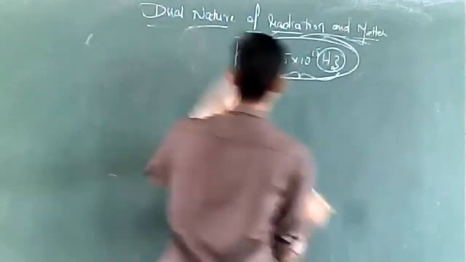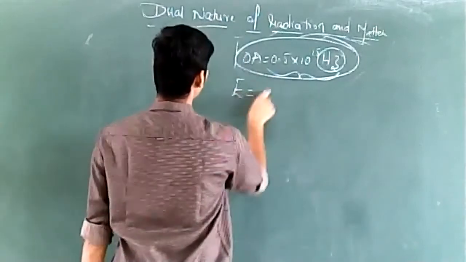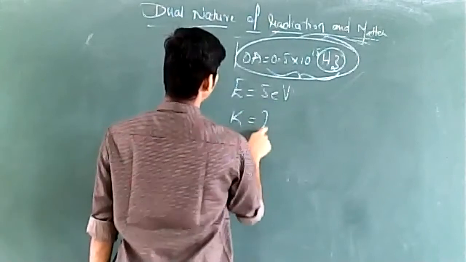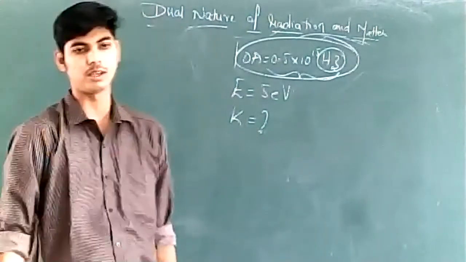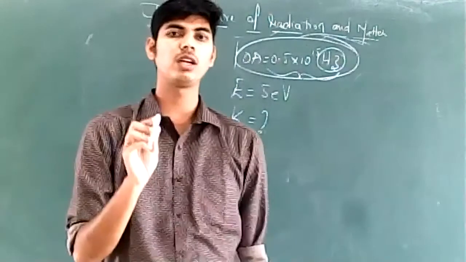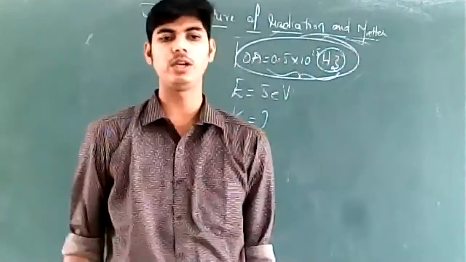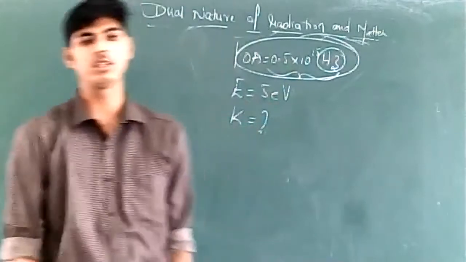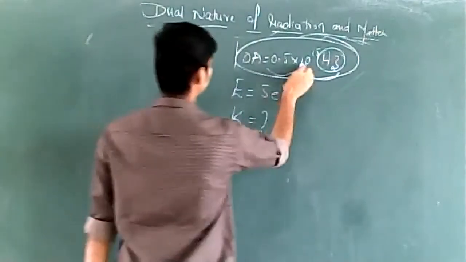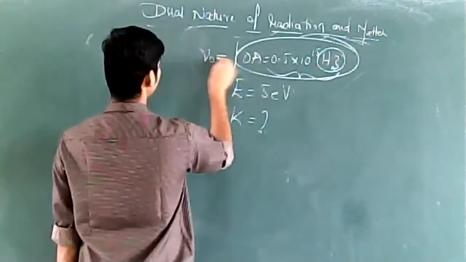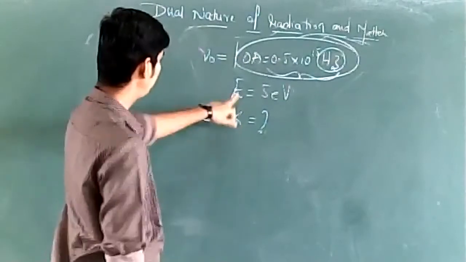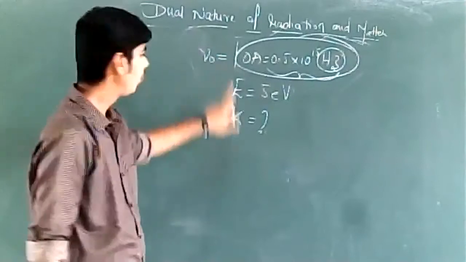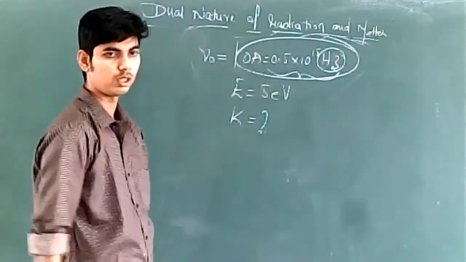Energy of photon is given as 5 electron volt, and you are asked to calculate the kinetic energy of the electrons emitted. Kinetic energy should also be calculated in electron volts. Energy is given, threshold frequency is given, we need to calculate kinetic energy.